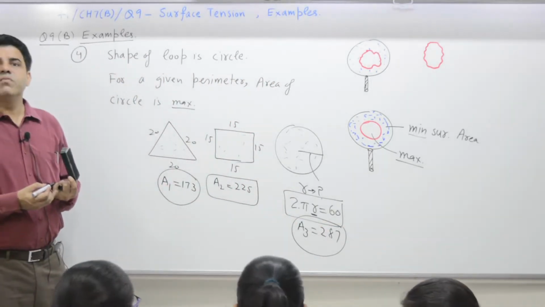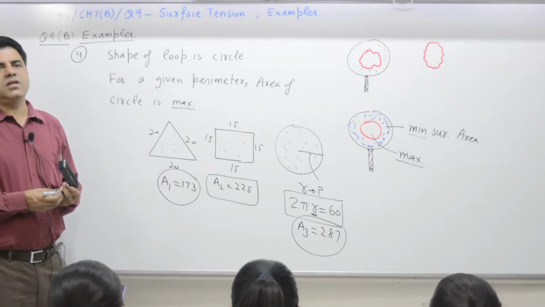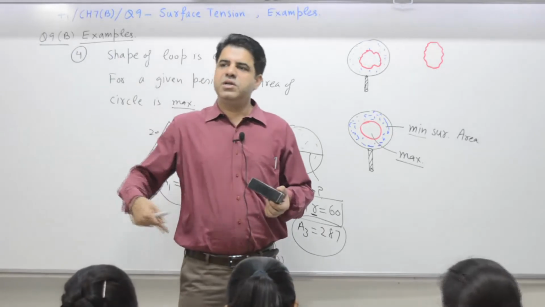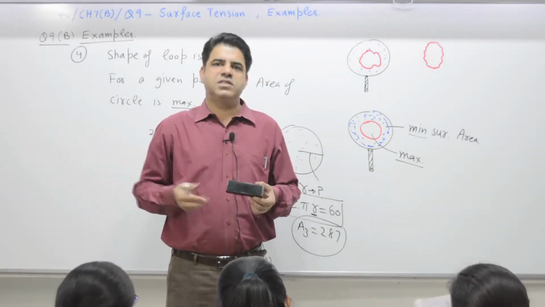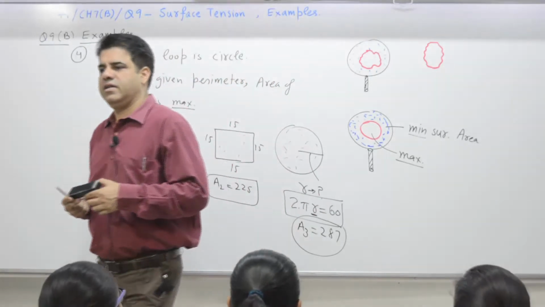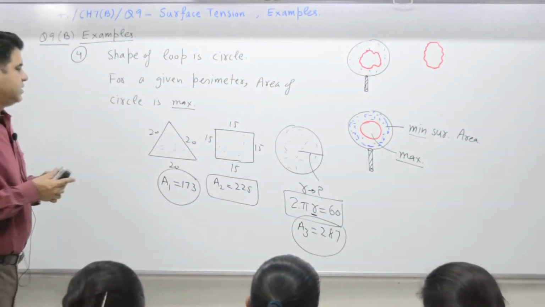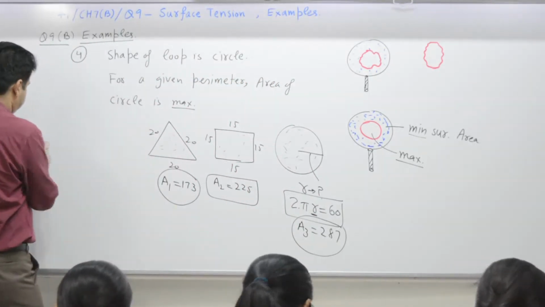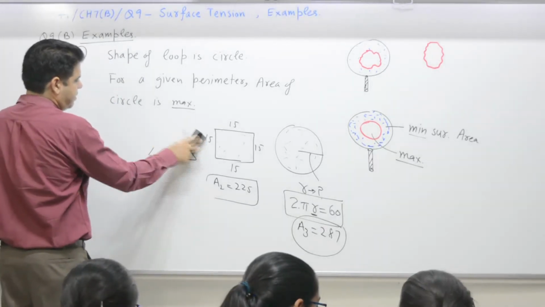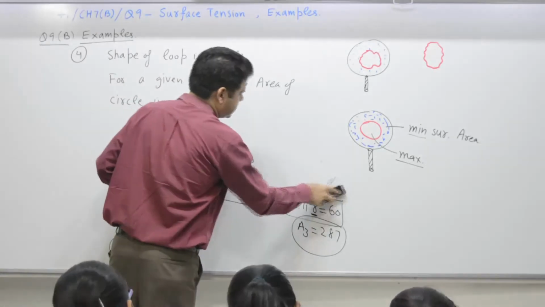Area is maximum for circle. So if I give you a rope and ask you to draw a plot of your choice, in order to occupy maximum area, you will draw a circle. Right? For a given perimeter, area of circle is maximum.